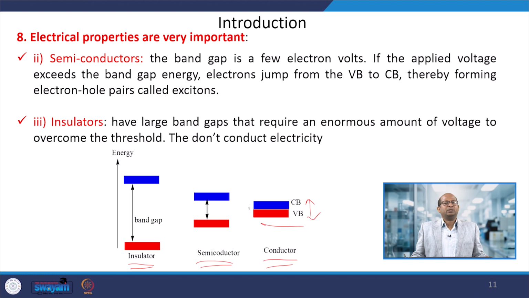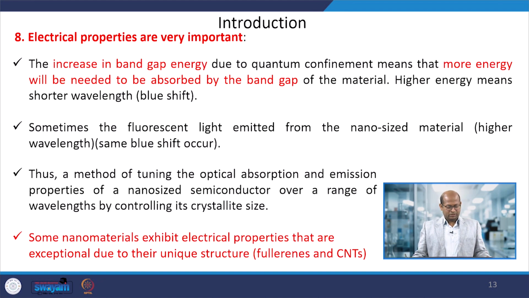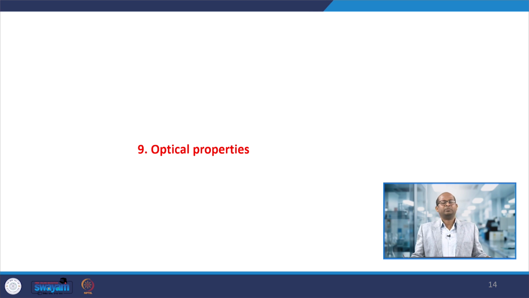So semiconducting or conducting properties can be developed in an insulator. Some exceptional materials, fullerenes or CNT, we will discuss later; they possess exceptional electrical properties.